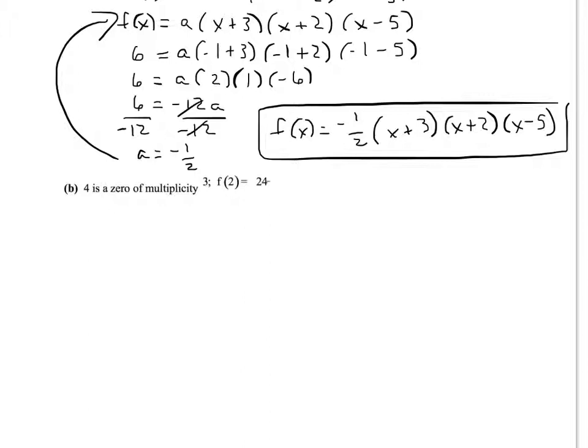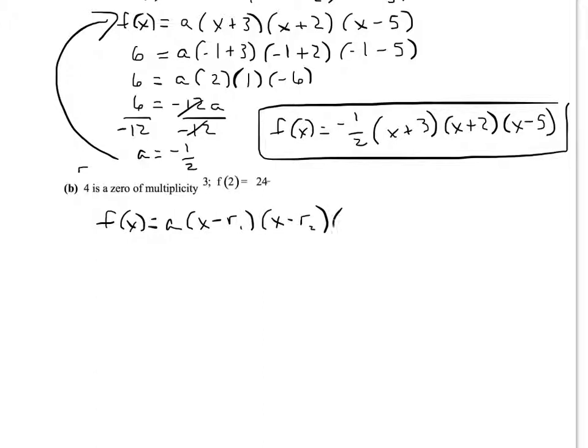Now, that means my R1, my R2, and my R3 are all 4. And the point that's on my graph is f of 2 equals -24. So here's where we start. We go to that root form. I'm just going to recopy it. And then we'll start plugging in.